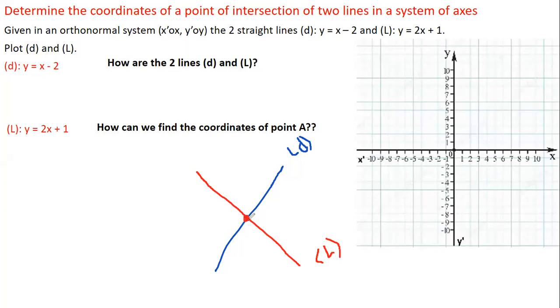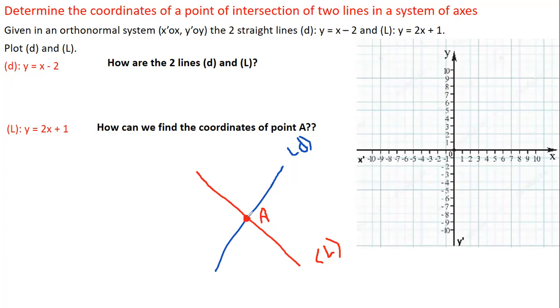As we all know, when we talk about intersecting lines, they have a point of intersection. Let me call the point of intersection between D and L, A. What we are going to do in this section is, in a system of axes, we might have two lines intersecting at a point, and we will determine the coordinates of the point of intersection.